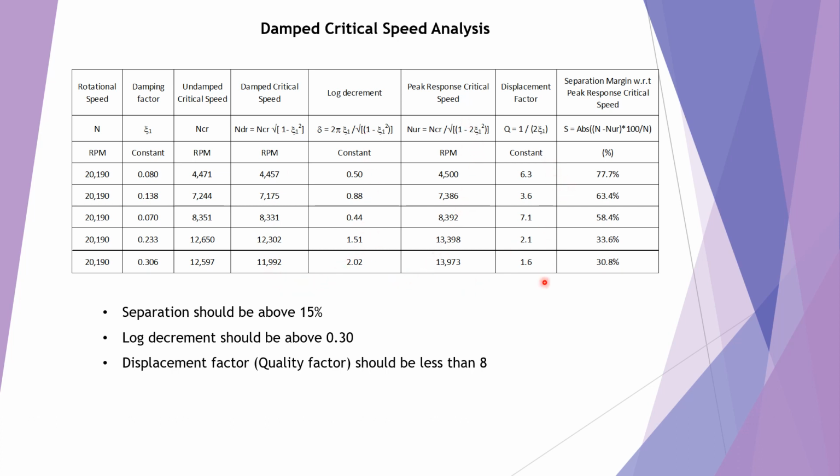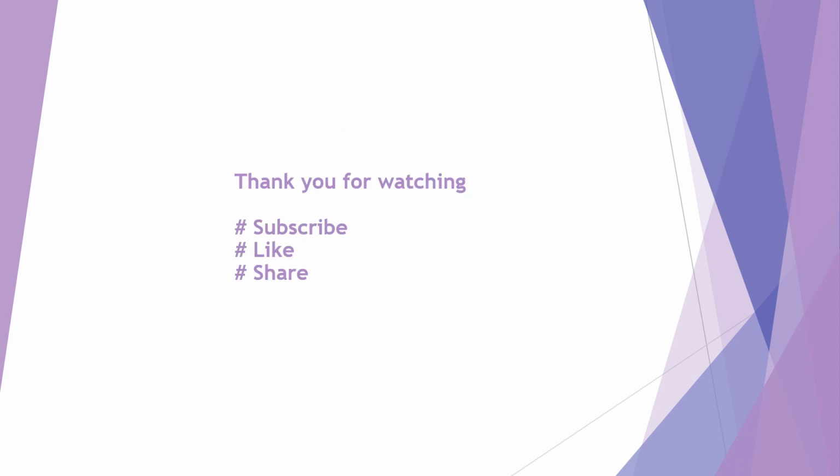Then this is the displacement factor, and this is the separation from the peak response. If the separation is above 15%, it is safe. The log decrement should be greater than 0.3, then it is safe. And the displacement or quality factor should be less than 8. So these are the typical analyses of critical speed for damped condition.